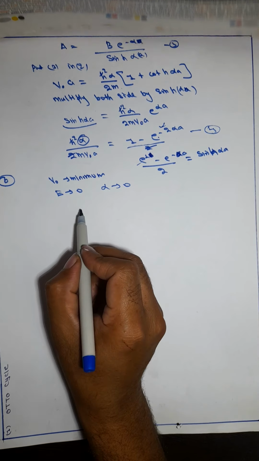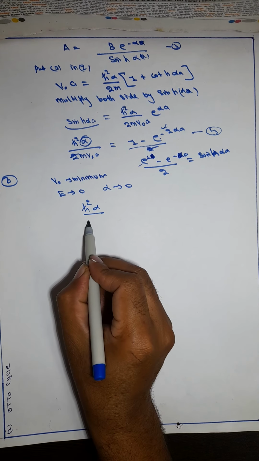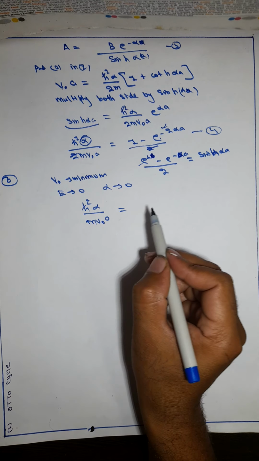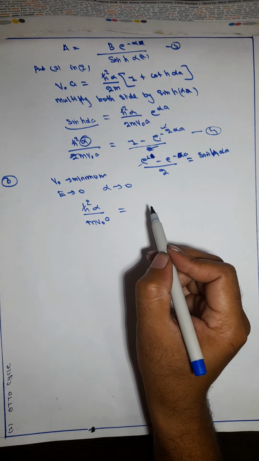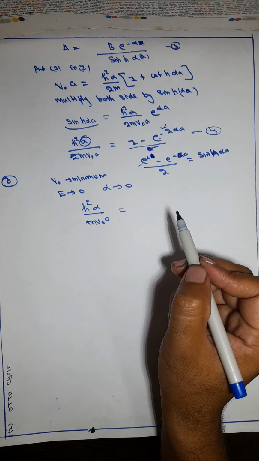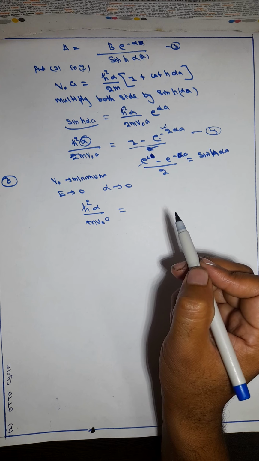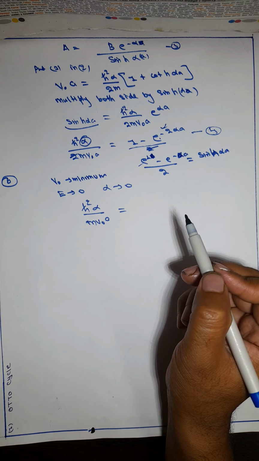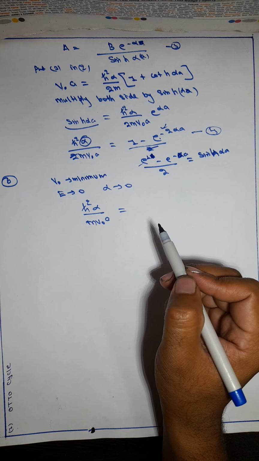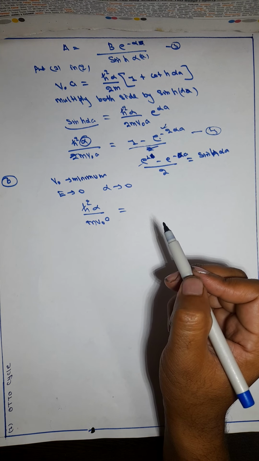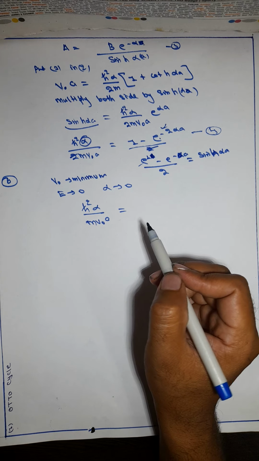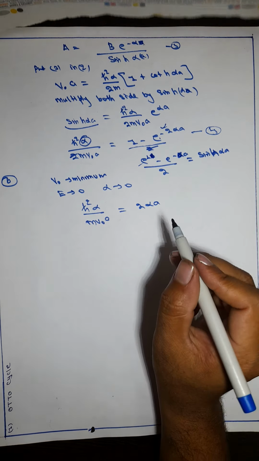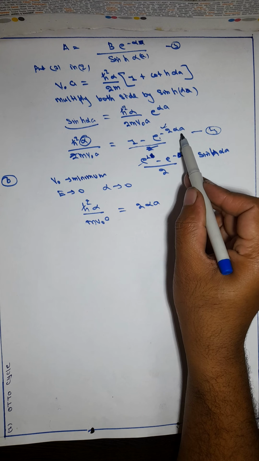So it comes h cut square alpha divided by m V naught a equal to 1. So for small value of alpha, this is equal to minus h square alpha divided by 2m V naught a equal to 2 alpha a for small value of a. So this is called 2 alpha a for small value.